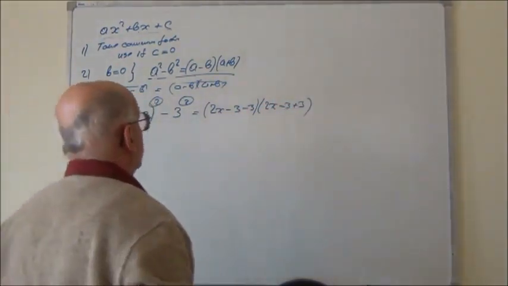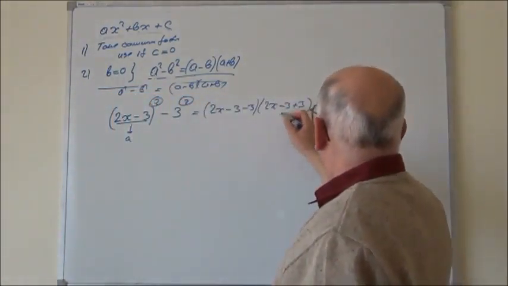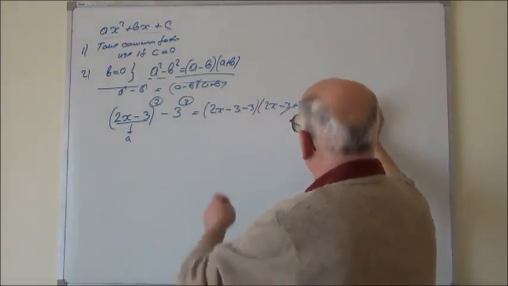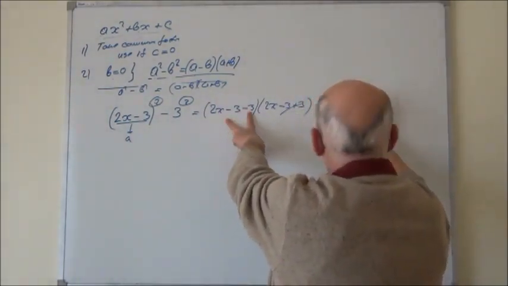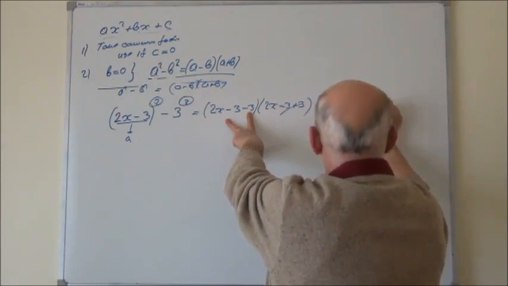Of course, we have to simplify this. 2x minus 3 plus 3 is 2x, and minus 3 minus 3 is minus 6, so 2x minus 6.